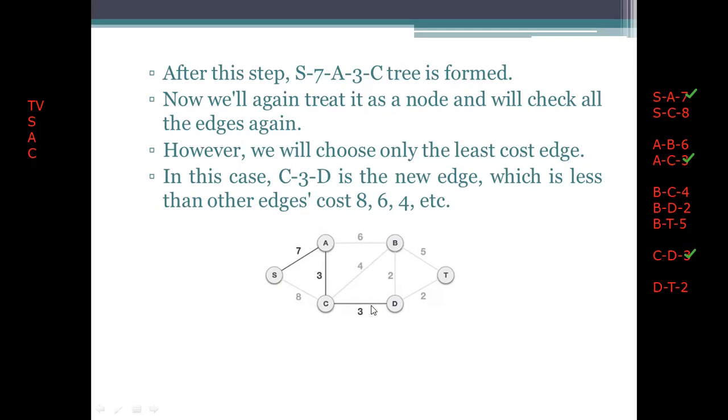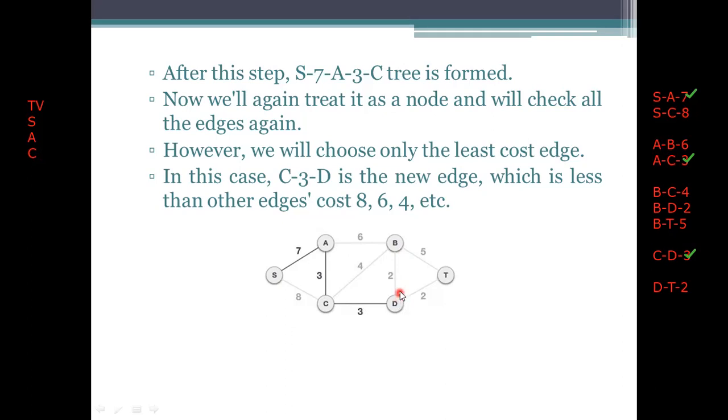Since we choose this 3 only, what happens here? We need to represent the data in this form only. And then next we added the vertex to this TB, the tree's vertex set also, and go for the D. What is the value we need to consider here? D is having 2 edges.